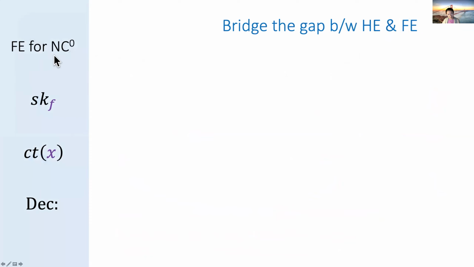In order to construct the functional encryption for NC0 functions, our initial idea is that we're going to include in its ciphertext some homomorphic encryption scheme ciphertext encrypting the input X. Here, the secret key used for the HE scheme is sampled freshly at each encryption.